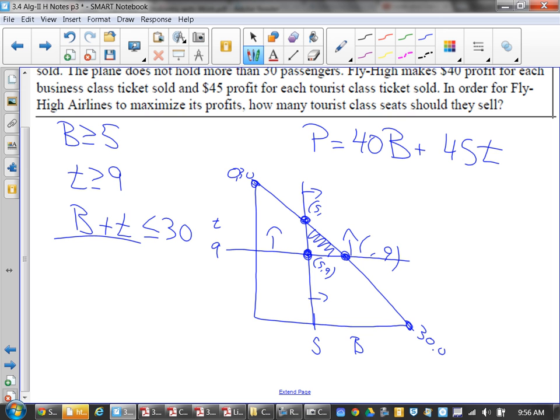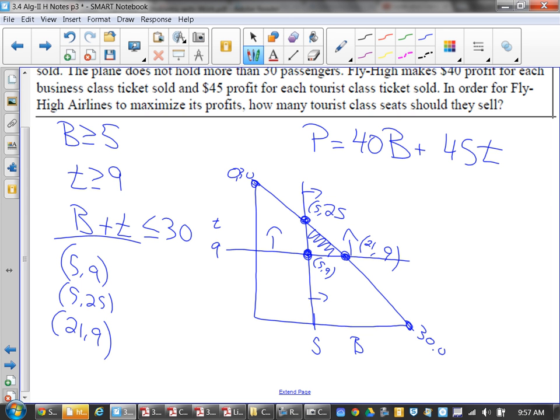They ran into that one, didn't they? So 5 plus what is 30? What plus 9 is 30? Those are your 3 ordered pairs: 5, 9, 5, 25, and 21, 9.